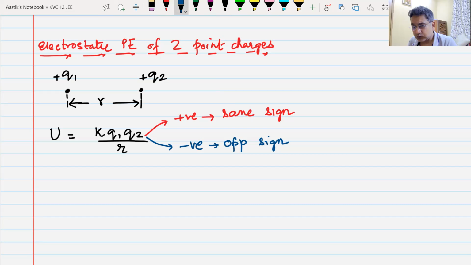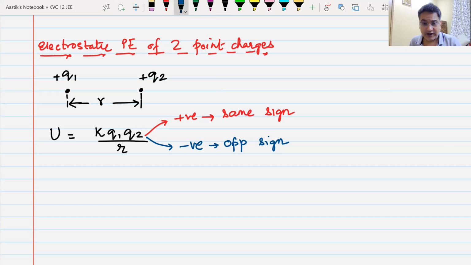Sir, by superposition. What are you going to superpose? You will break them up into pairs of 2 each. You will find the energy of one pair, one charge to the same point and another charge to the same point, adding. Okay.